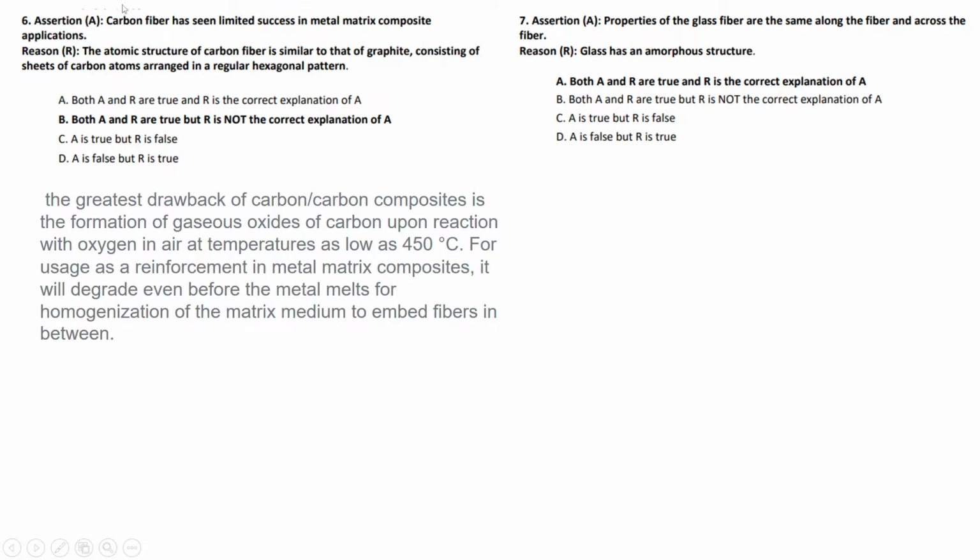And therefore, these carbon fibers used in metal matrices are not commonly used commercially, and there is limited success seen because of the property of carbon fiber of degradation at lower temperatures.